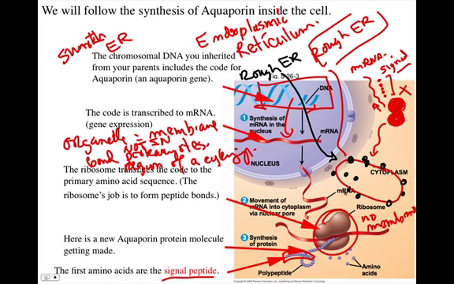Ribosomes on its surface because ribosomes that start to translate an mRNA that has a signal sequence stop synthesis until they bind and dock at the rough ER. And then they continue synthesis.